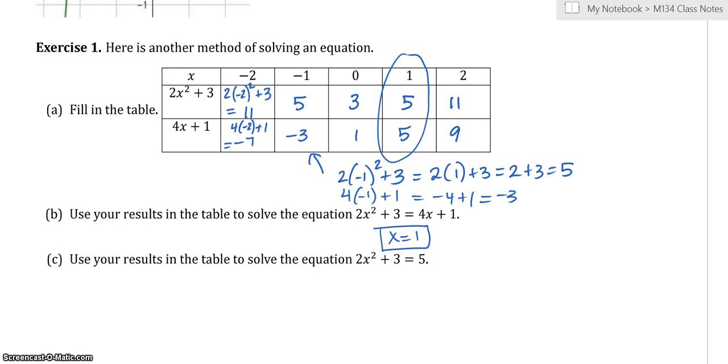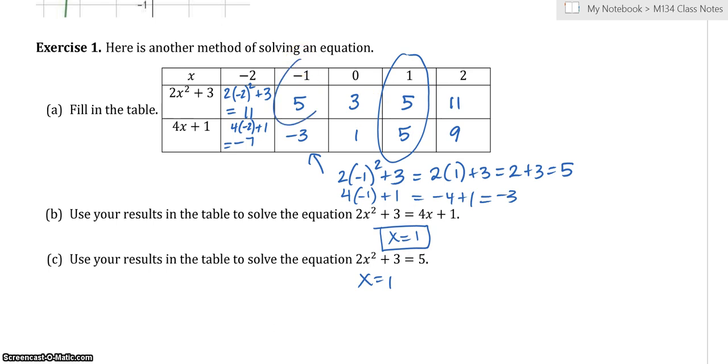And they say to use the results in the table to solve 2x squared plus 3 equals 5. That is just going to use the top one. There's more than one answer, isn't there? There is, because when x equals 1, it's 5, because we saw that there.